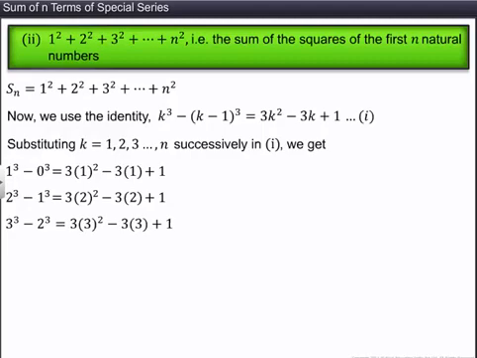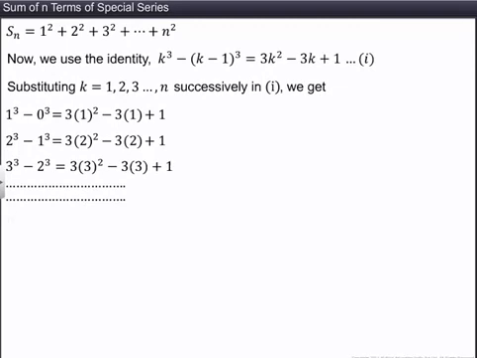We get the subsequent terms in a similar fashion. On substituting k is equal to n, we get n cube minus (n minus 1) whole cube is equal to 3n square minus 3n plus 1.